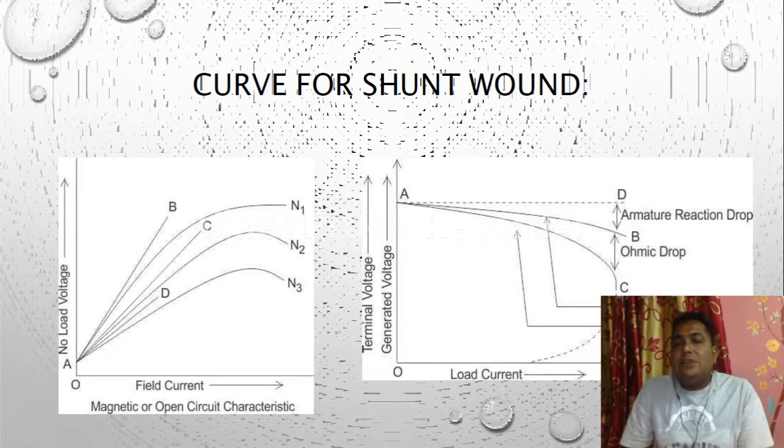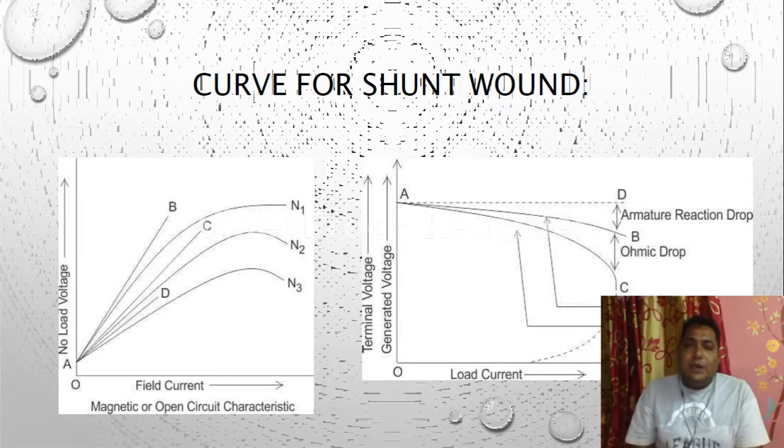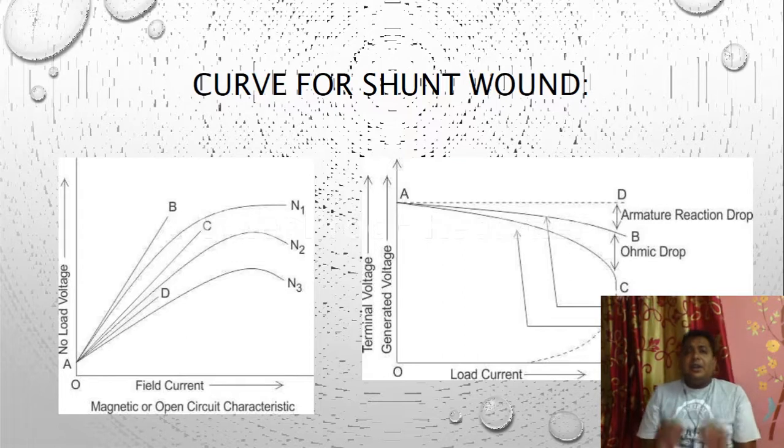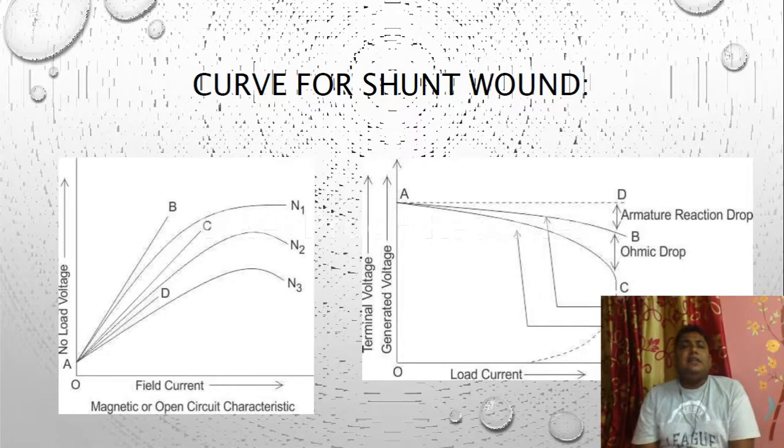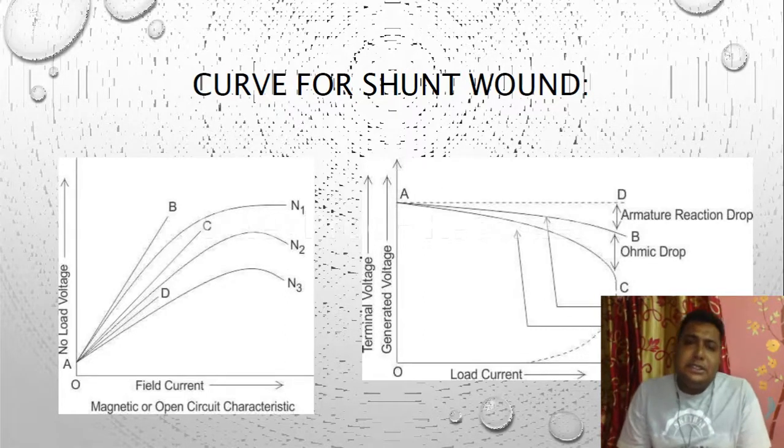It's actually the property of the winding, due to which when no source is present, a little magnetic field is still present inside the winding of the machine, and due to the presence of that magnetic field, it is showing us some voltage. That magnetism is known as the residual magnetism.